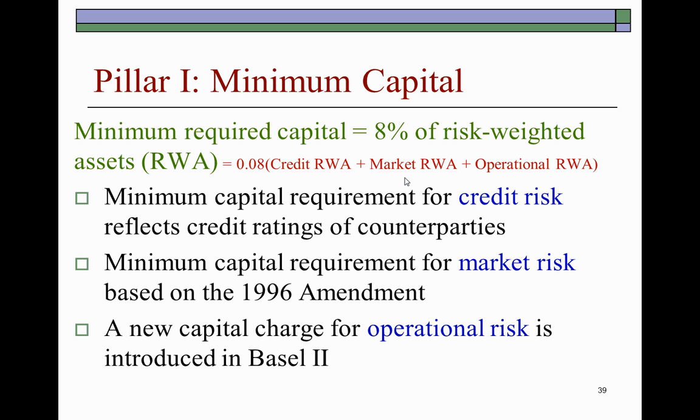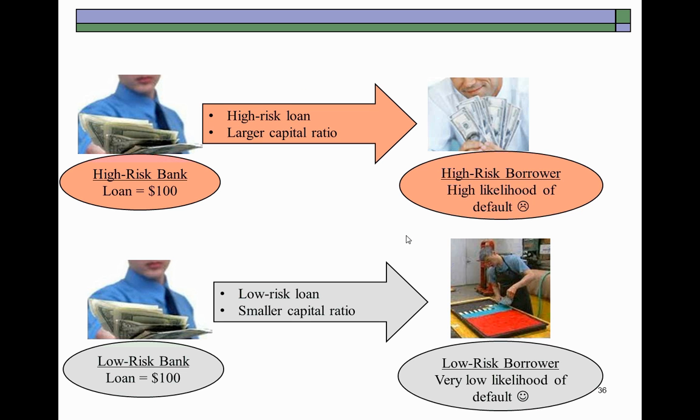And as we also have learned, the minimum capital for credit risk has to reflect the credit ratings of the counterparties. In other words, if I go back here, it has to reflect the credit rating of this guy here and this guy here. If your credit rating is high, as in this guy at the bottom, then you are low risk.